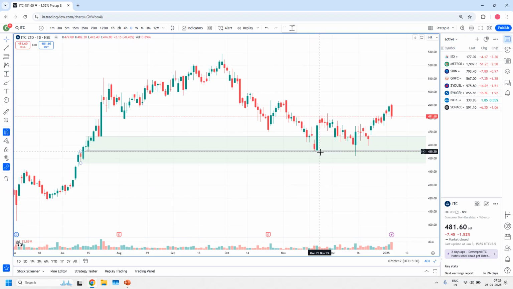See here, first time when it is pierced, it picked up the orders from the zone and moved up. Again it came, once again this zone is having some more order flow, again it pushed. Probably the second zone is having a very strong institutional order flow, and the first one might be weak.